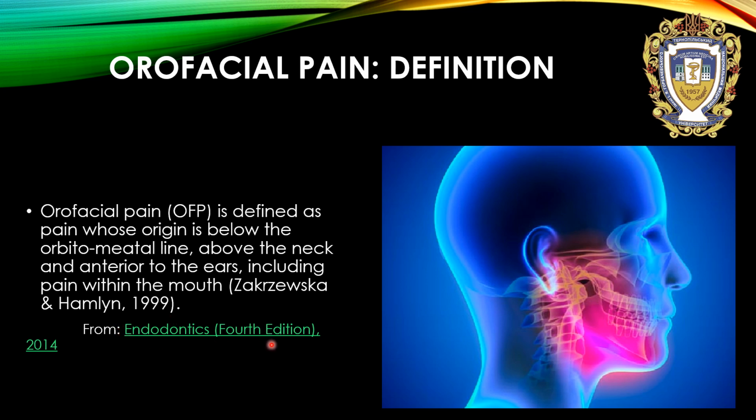According to Endodontics 4th edition, orofacial pain, or OFP, is defined as pain whose origin is below the orbital line, above the neck and anterior to the ears, including pain within the mouth.